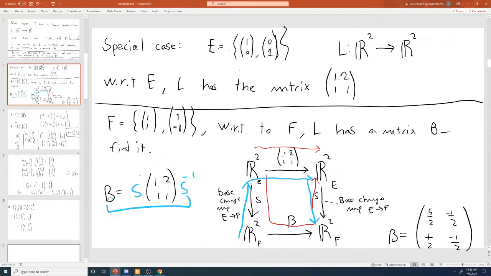Now, let's articulate what we just did in generality to see how this argument generalizes.